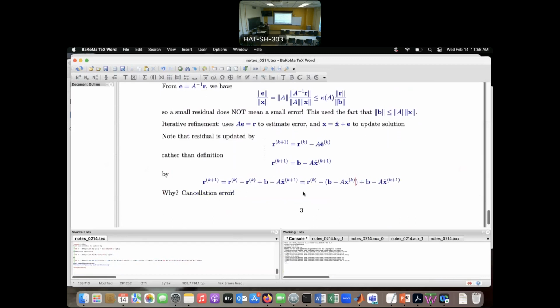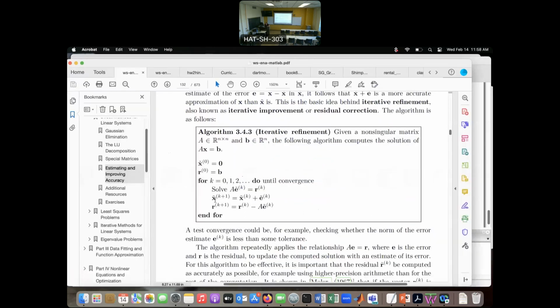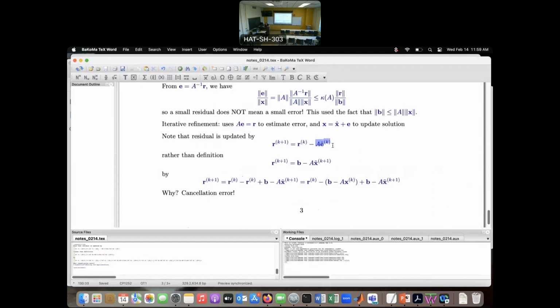That's going to cause the b's to cancel. And then I have r_{k+1} equals r_k minus A times (x_{k+1} minus x_k). But if I go back to the algorithm, we have this relationship between x_k and x_{k+1}: x_{k+1} minus x_k equals the error estimate e-tilde_k. And that shows up here.